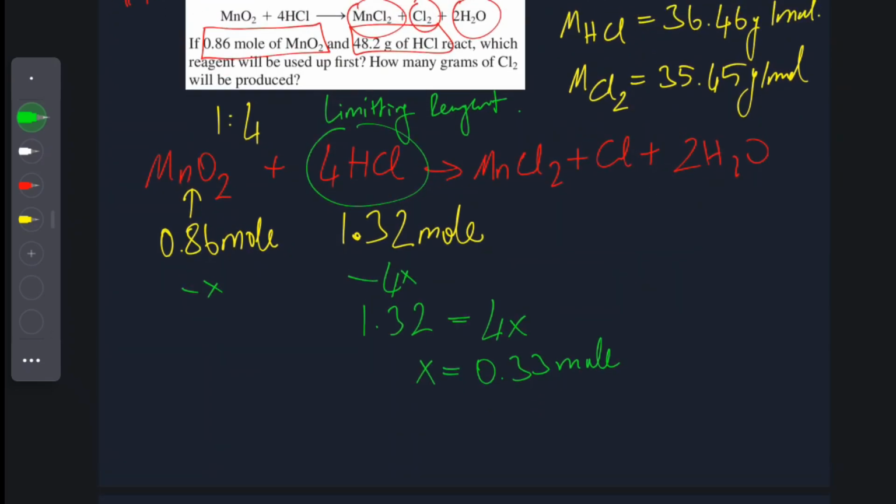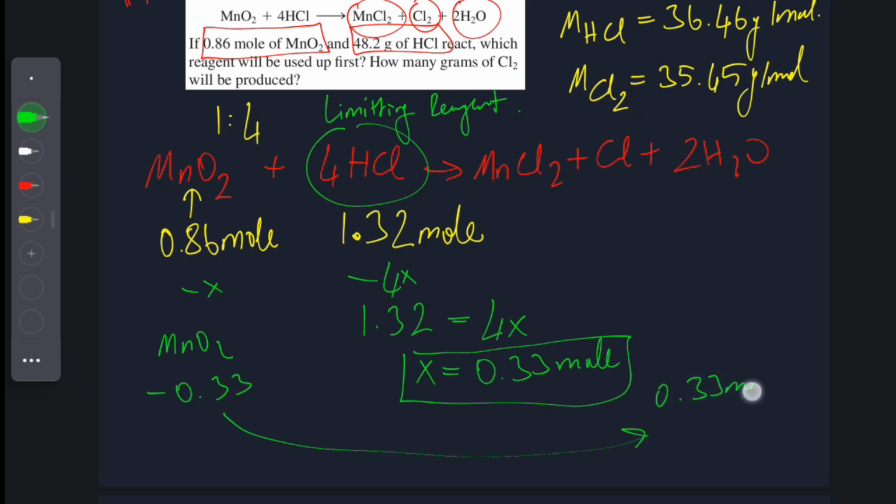If you deplete minus 0.33 mole of manganese oxide, we produce 0.33 mole of Cl2 gas, and we know the molar mass of the Cl2, which is this.